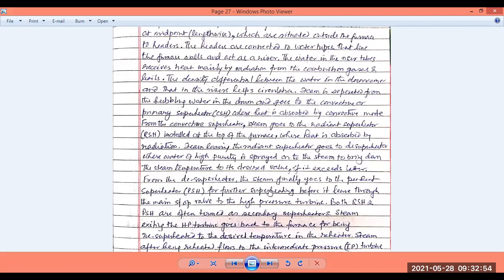Again, it is sent to another superheater, the pendant superheater, where it is superheated to a certain extent by means of flue gases and radiation, up to the desired levels of temperature itself.